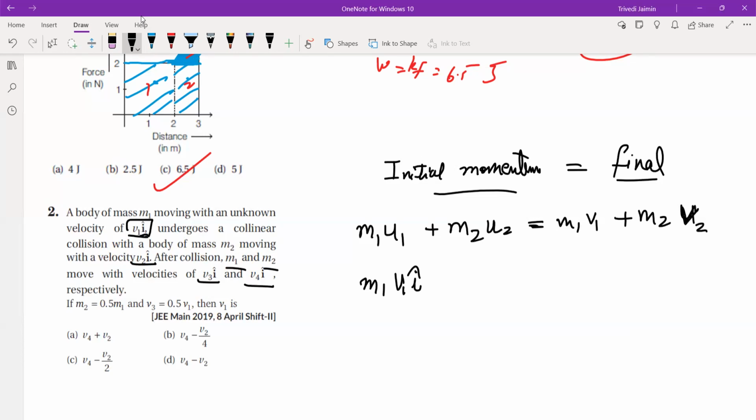Plus M2 undergoes collision with the mass M2 and velocity V2 I cap. Then M1 after collision becomes V3. Then M2 after collision becomes V4.